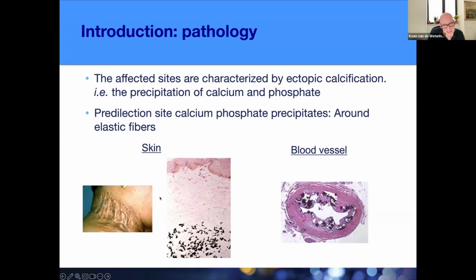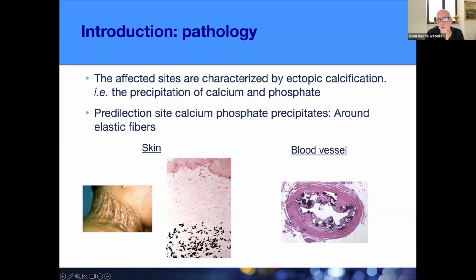So this is a histological staining of a biopsy taken from an affected region of the skin of a PXE patient. This is the outside of the skin, that's called the epidermis. And this is the deeper part of the skin, the dermal layer.